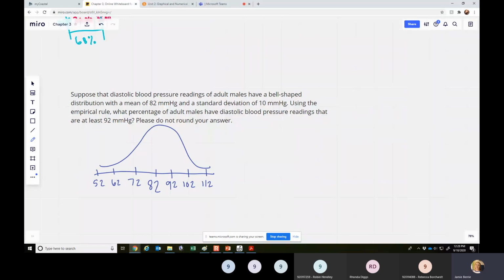They want to know the percentage who have a diastolic blood pressure reading that is at least 92. So let's draw a line at 92. At least 92 means 92 or higher, so shade to the right. This is what we're looking for, this percentage of people out here.